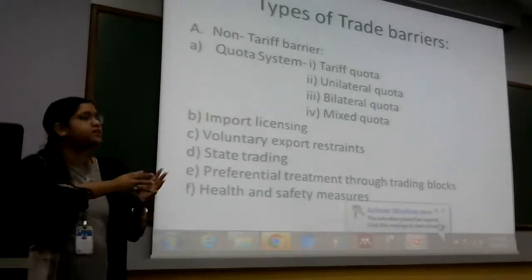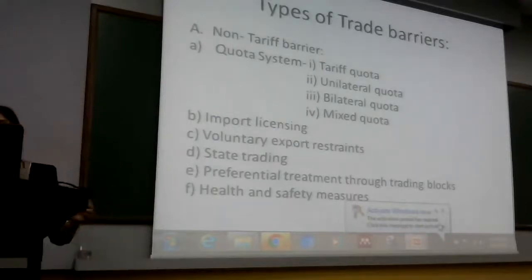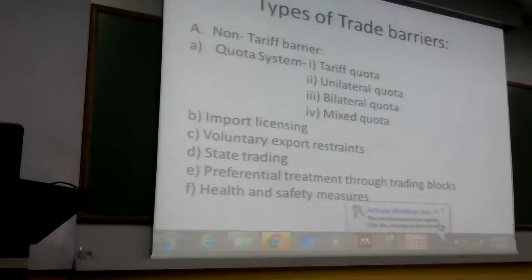If your country is a part of a regional trade bloc, you may get the facility of reduction in tariff or even elimination of tariff itself. It might be possible that there is no trade barrier also. So you are going to get the preference because you are in that particular country, which is the part of a particular regional trade bloc.